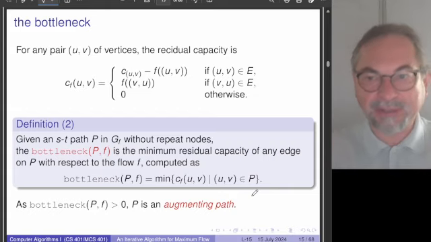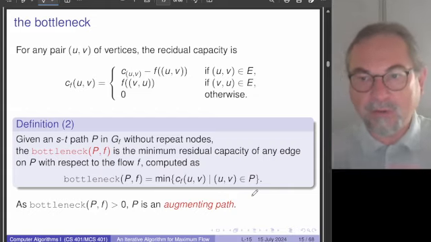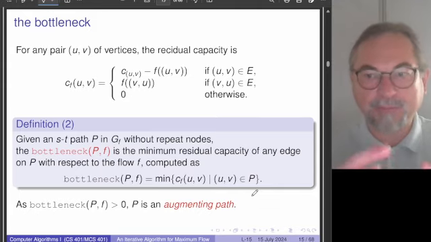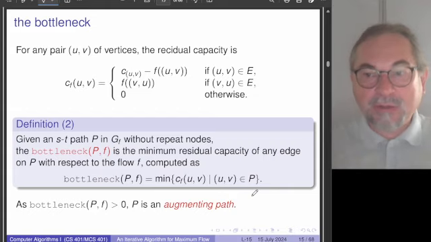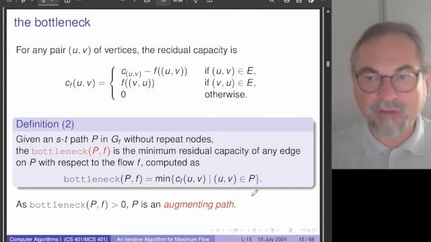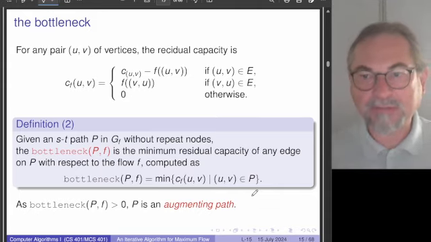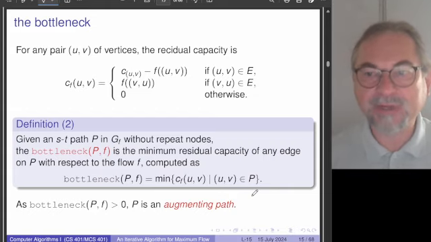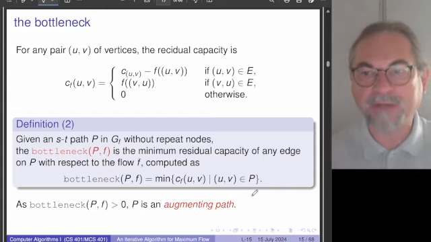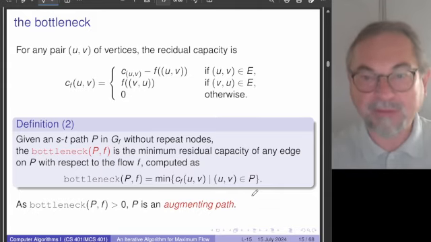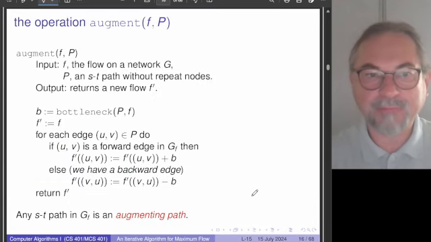And since we are increasing the flow on the network, we call that path an augmenting path. So the algorithm will repeatedly construct augmenting paths until there is no more augmenting path that can be found. And that will then lead to the termination.